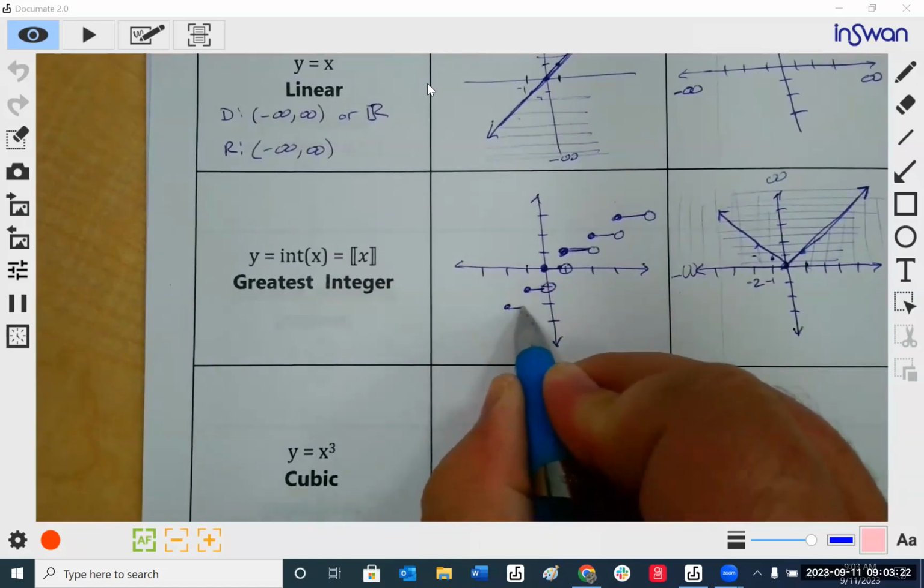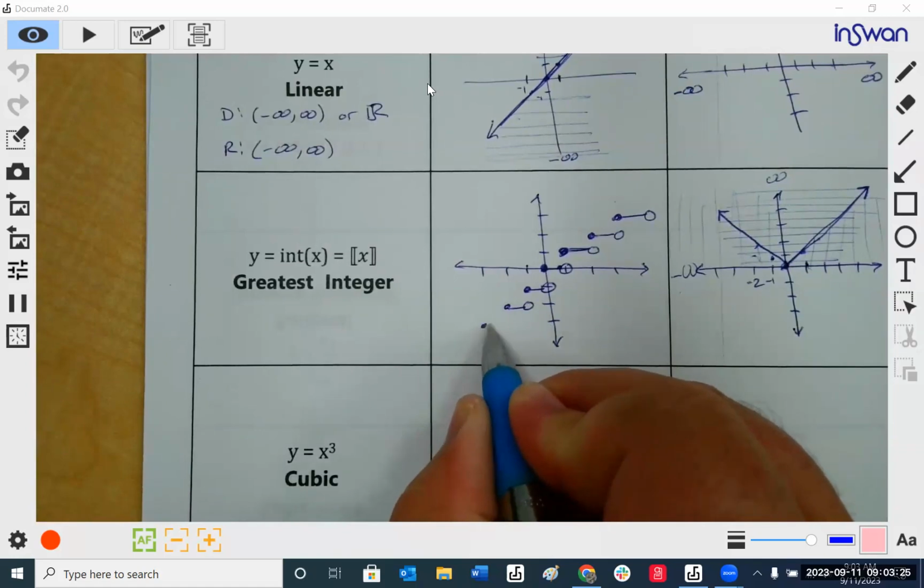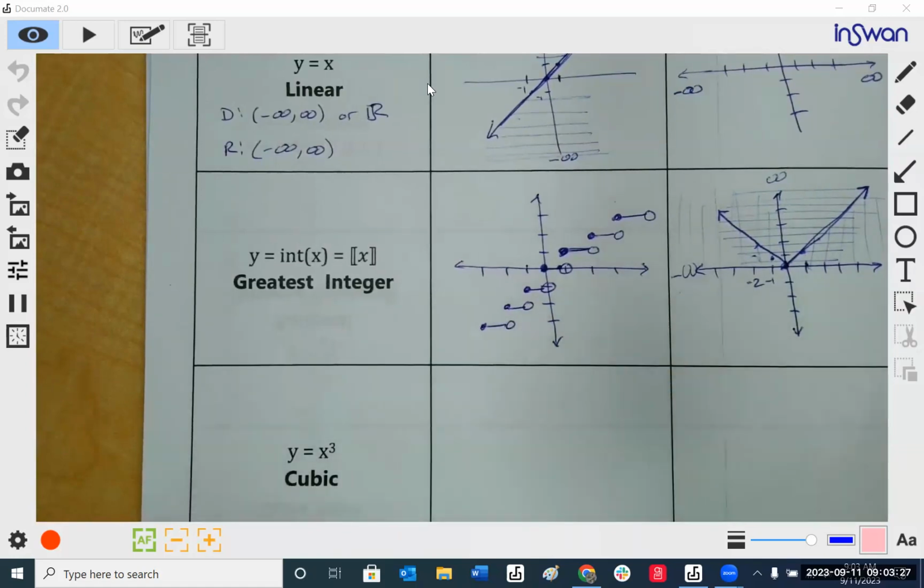And likewise, the same format on the other side. You can say it rounds down. That's the greatest integer function.